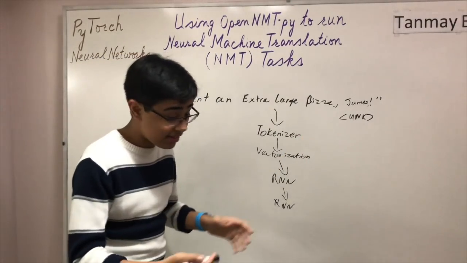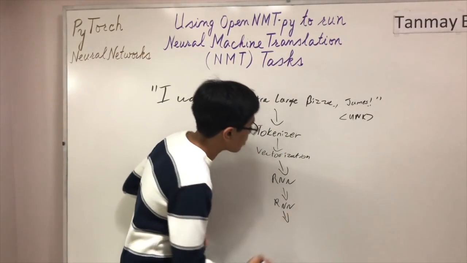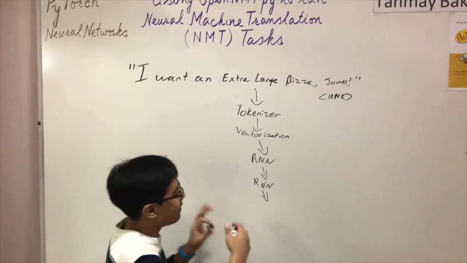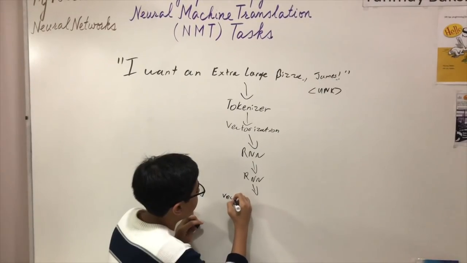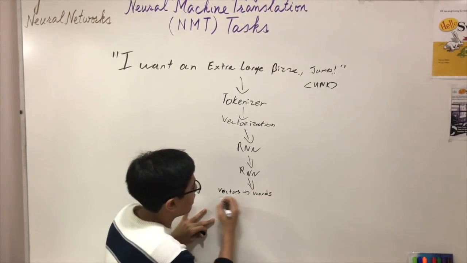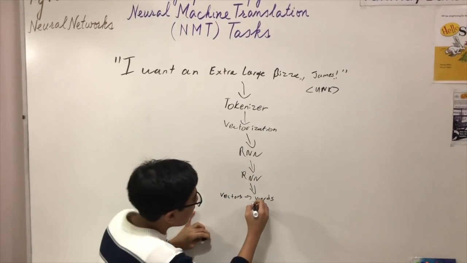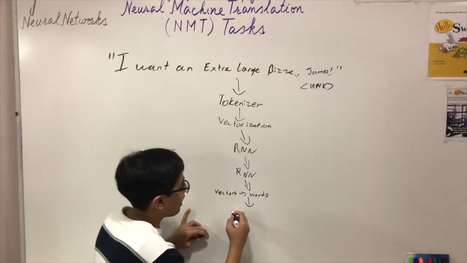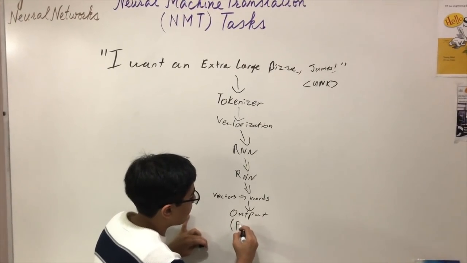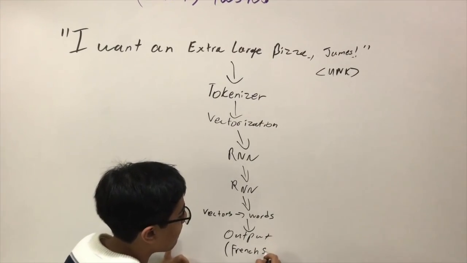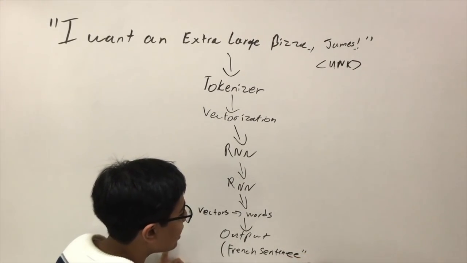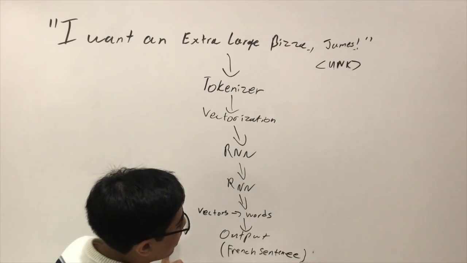Then you reverse the vectorization process, taking the word vectors back to words, and you finally have your output, which is your French sentence.